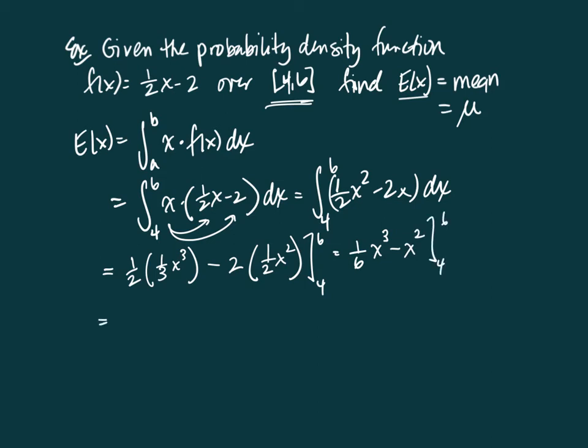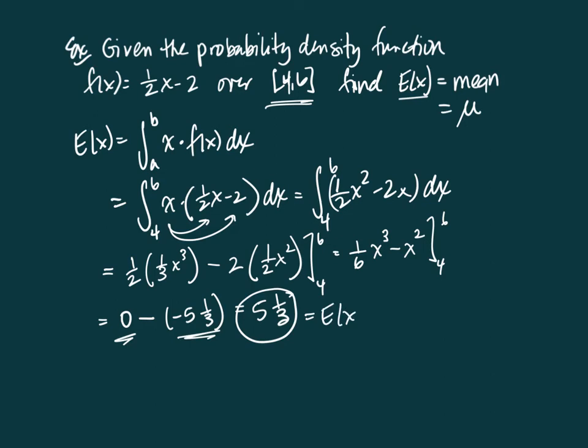So I'm going to plug in 6 and then plug in 4 and subtract. So when I plug in 6, I get 0. And when I plug in 4, I get negative 5 1/3. So 0 minus a negative 5 1/3 is 5 1/3. So this is my expected value for this probability density function.